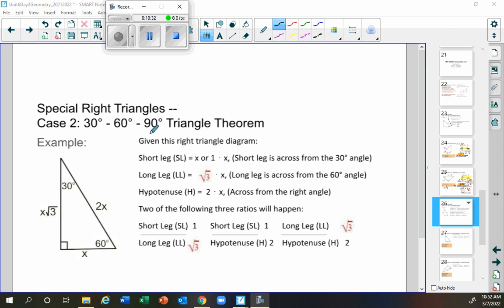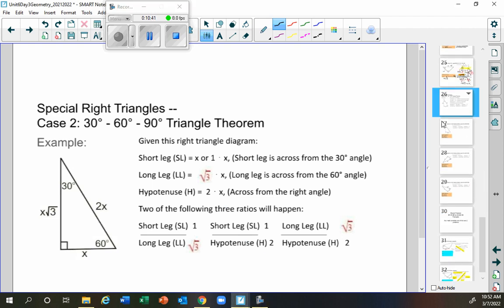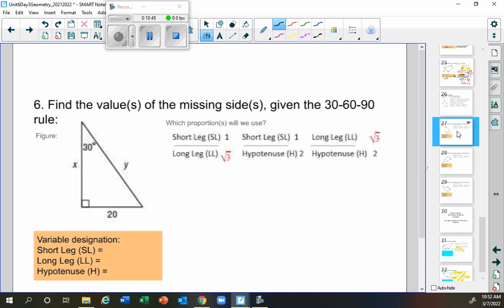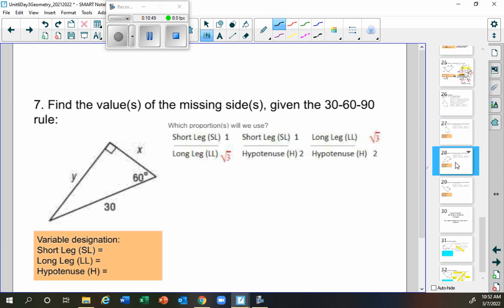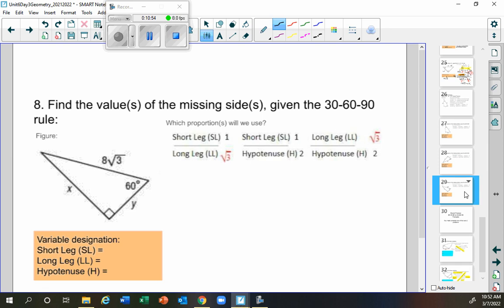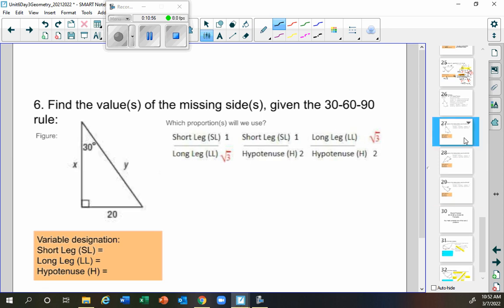All right. Now for this next one, we're going to probably use two of the three ratios. I'm going to just do one of the three for the moment. Try to see which one's the hardest. That one's probably the easiest. Okay, which one of the three do you want to do?